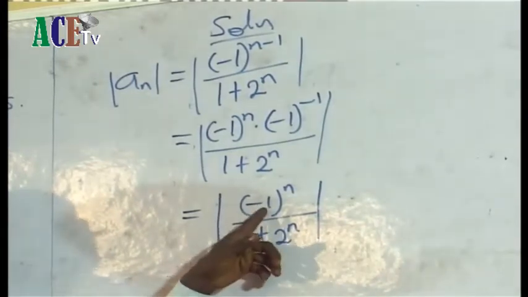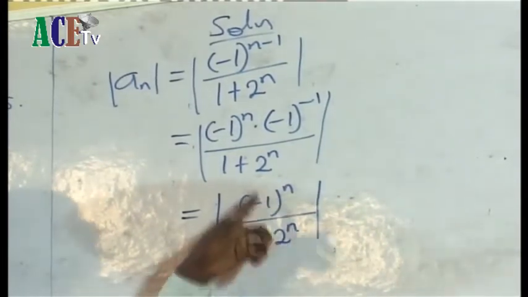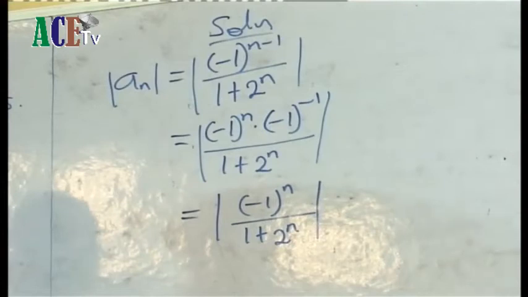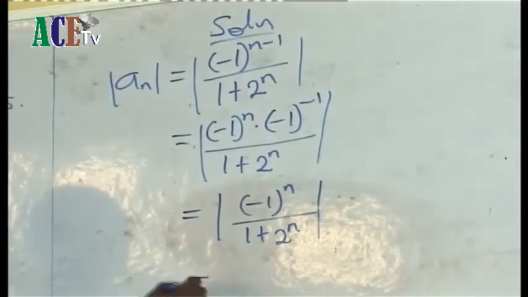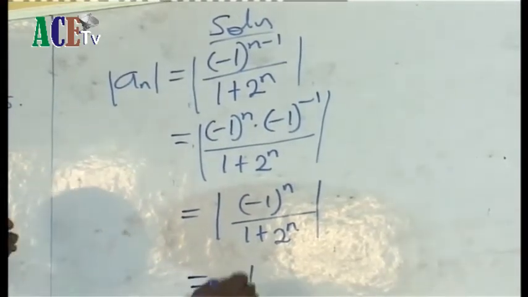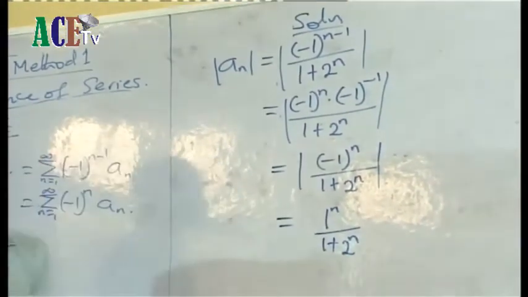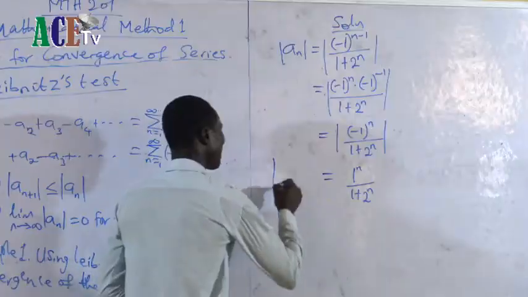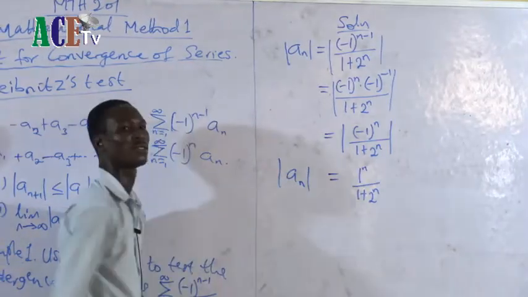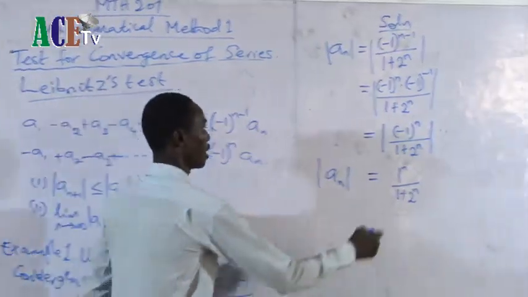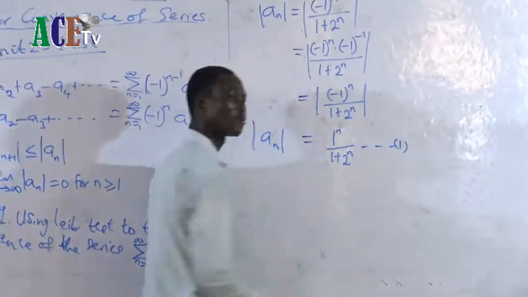But forget about the negative now because of the absolute value. So the positive value that this one can have is 1^n over 1 + 2^n, and that is the absolute value of a_n. We'll keep that one. Let me call this one equation 1.